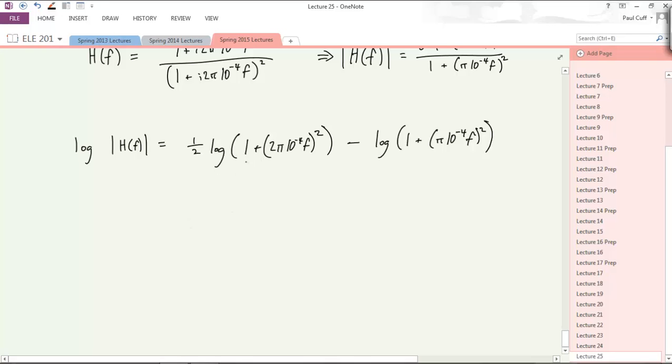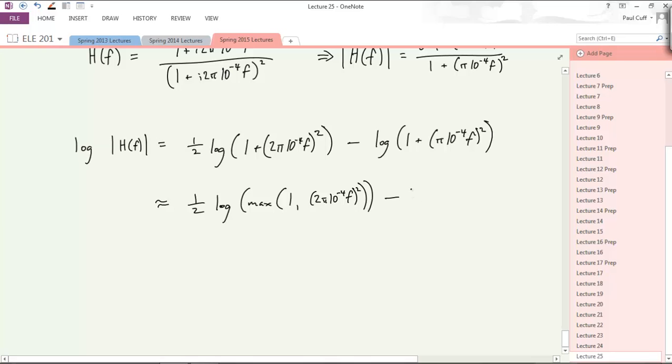But it's also a pretty good approximation because if one of them dominates the other, if one is a lot bigger, then it's going to be close to just the log of the larger one. So we'll use that approximation. We'll say that approximately equals 1/2 log of the max of these two things, 1 and (2 pi 10 to the negative 4 f) squared.